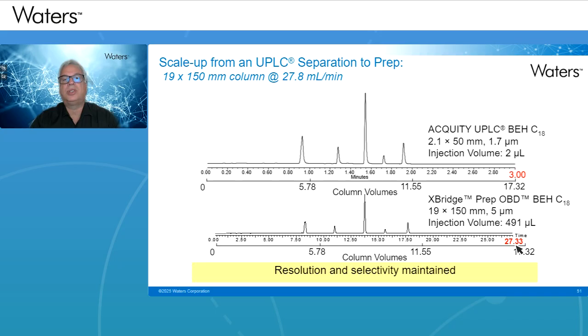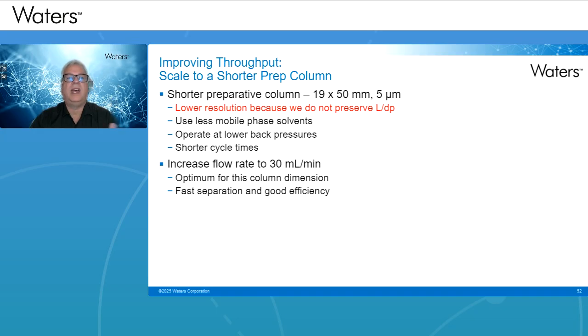Maybe I would like to shorten this, or I would like to increase my throughput by using a shorter column. Obviously, my L over dp will not be the same, it will be half of it, so I will lose resolution, but that's okay. I will use less mobile phase, I will have less back pressure, I will be able to inject more sample. That's what we want.